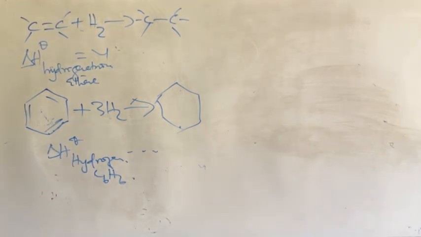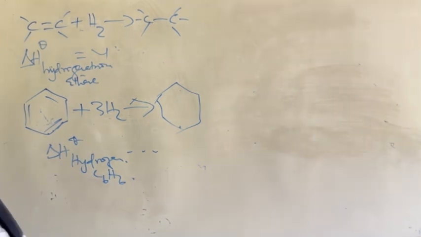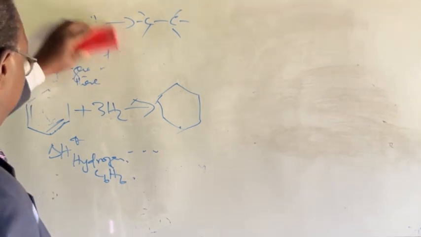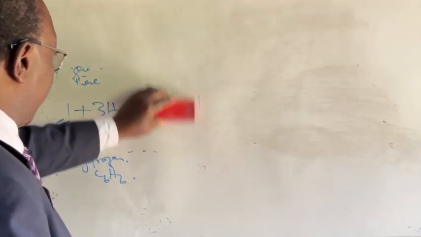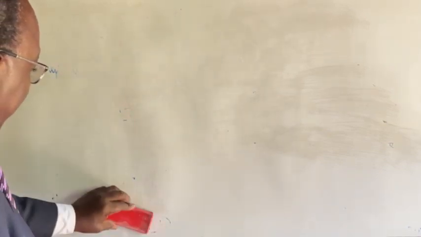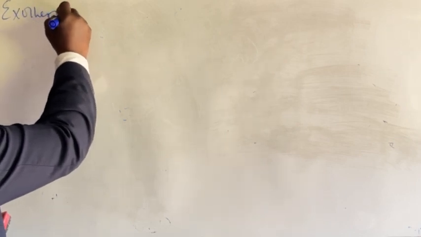So it's very important for us to take note of that. Even hydration of a salt like copper sulfate has an enthalpy change. So it's very important for us to know those kinds of reactions and how we can express their enthalpy changes. Now, we want to move on to mention a few things in terms of exothermic reactions.